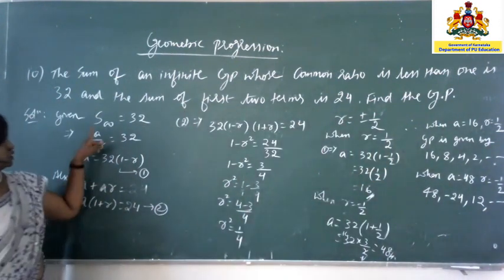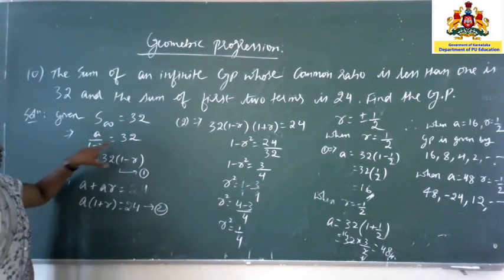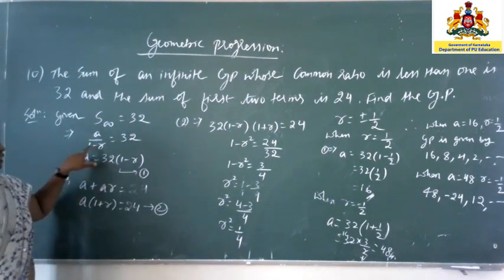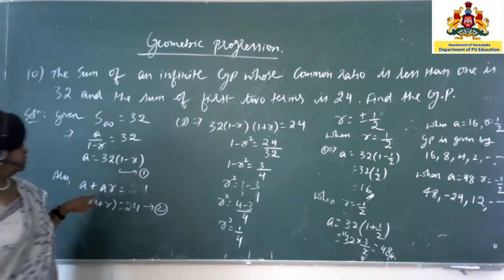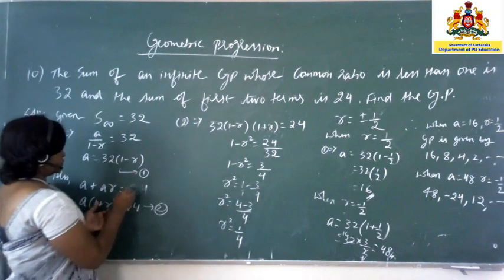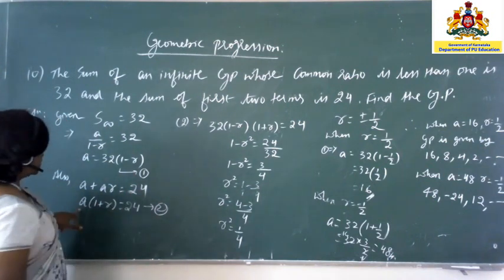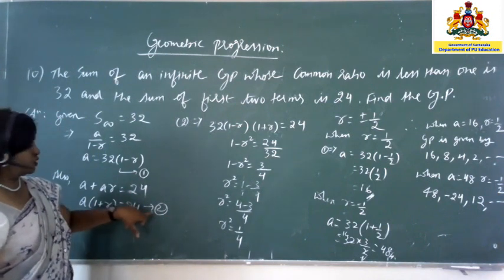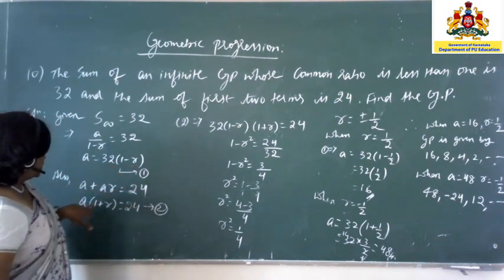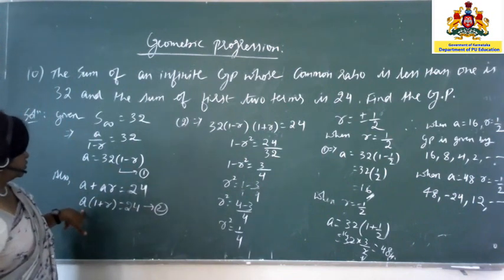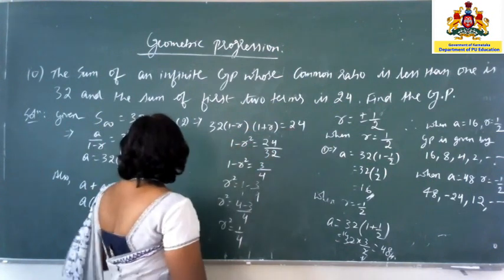So given S infinity is 32, a by 1 minus r is equal to 32. Cross multiply: a is equal to 32 into 1 minus r. Call this 1. Then the sum of the first two terms is equal to 24, so a plus ar is equal to 24. So a into 1 plus r is equal to 24. Call this 2. Substitute a is equal to 32 into 1 minus r in 2. So I'll get 32 into 1 minus r into 1 plus r is equal to 24.